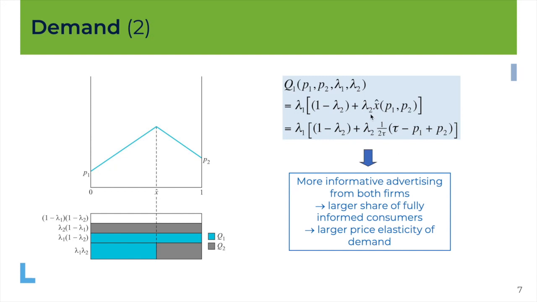Because those who care about prices are those who are informed by both firms. So if you increase the proportion of consumers who know about both firms, you have in your demand more consumers who are sensitive not only to your price, but also to the price of the other firm. And that increases the price competition between the firms. This is the main intuition in this model.